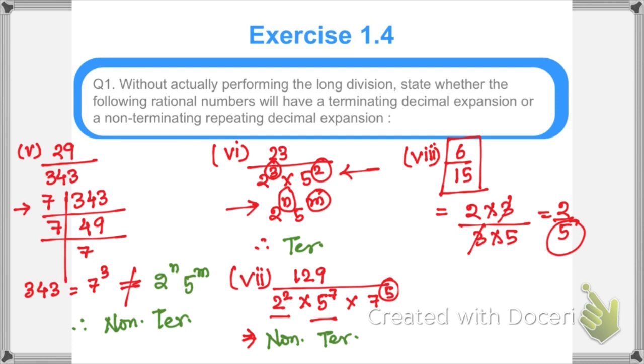We will now check for 5, and the denominator is 5, so it is of the form 5 to the power 1, and 2 to the power 0, since we don't have any factor for any power of 2. So it's of the form 2 to the power 0, 5 to the power 1, that is of course of the form 2 to the power n and 5 to the power m. So this is also a terminating decimal expansion.